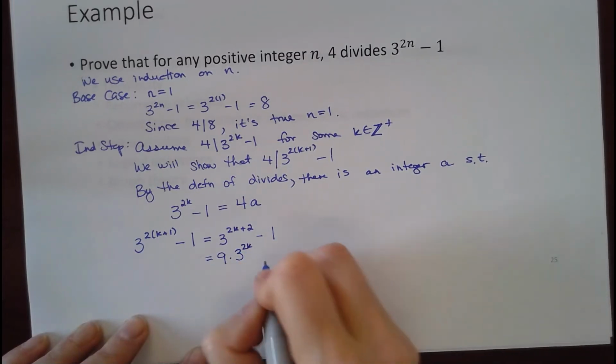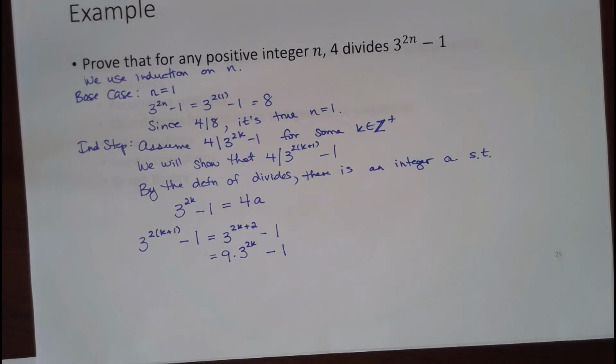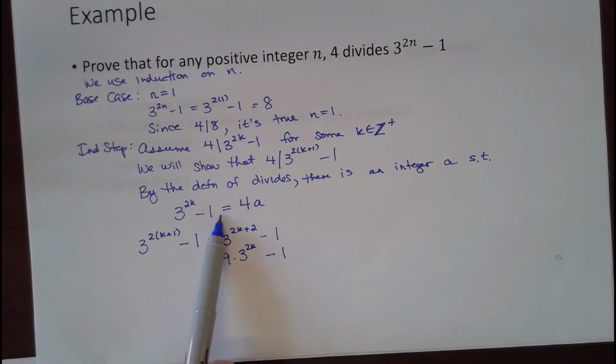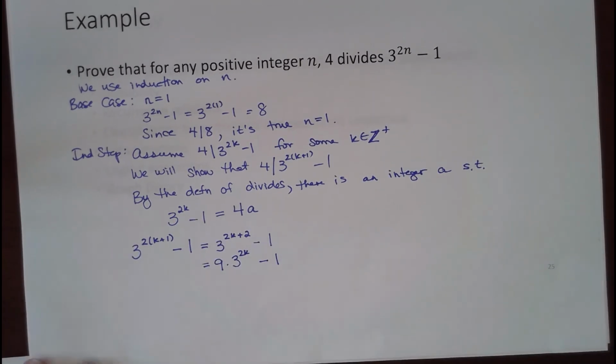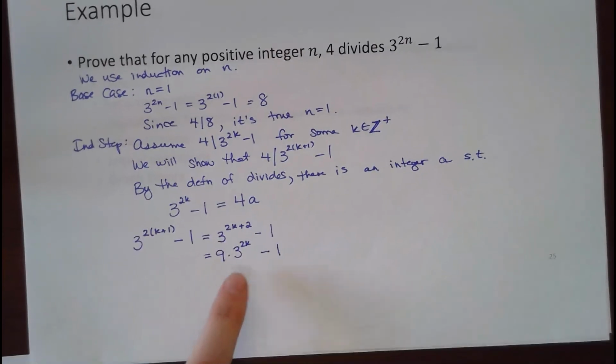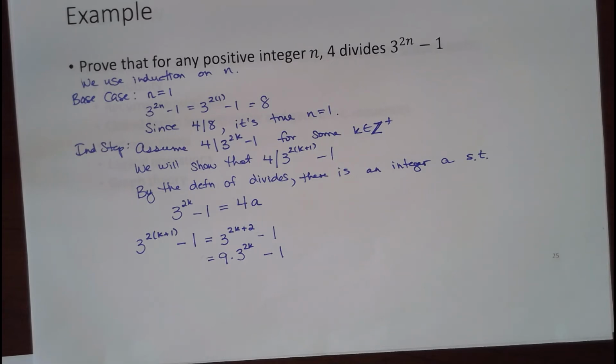Okay, and then we have this minus 1 over here. So I have a 3 to the 2k. I don't have 3 to the 2k minus 1, which is what I know something about. And I can't just group these together and replace this because this 9 is multiplied by it. So what I would really like is to somehow get this 3 to the 2k minus 1.